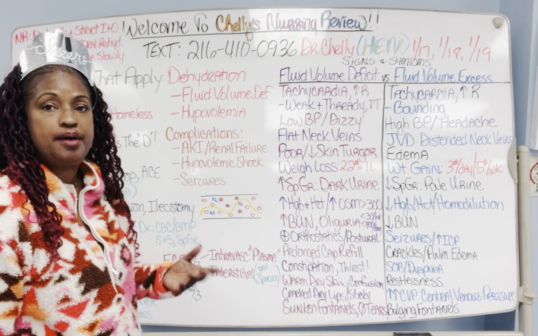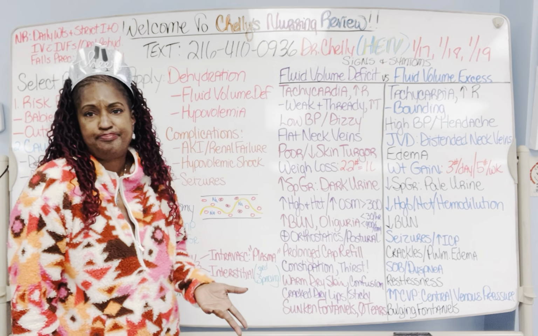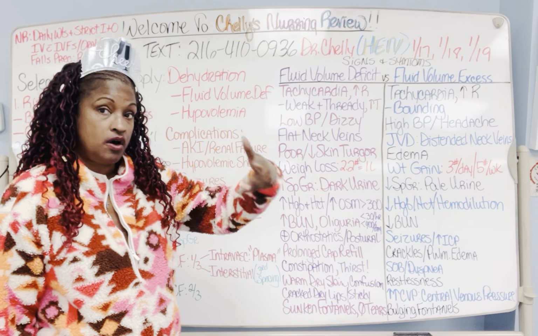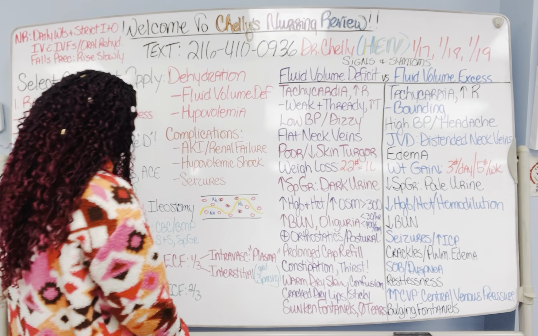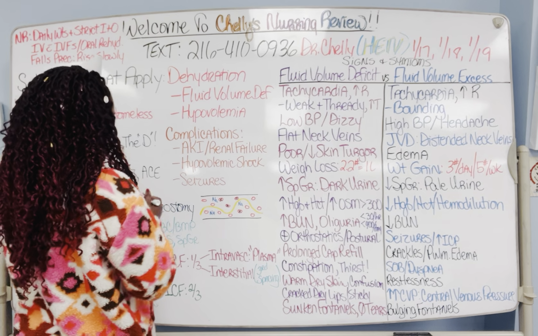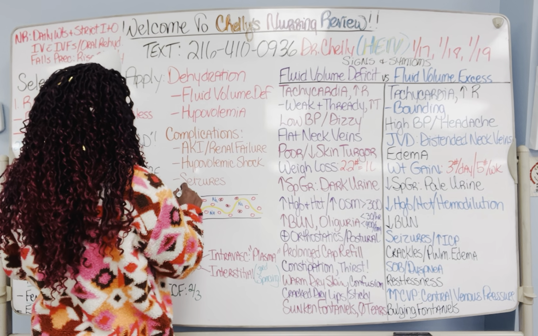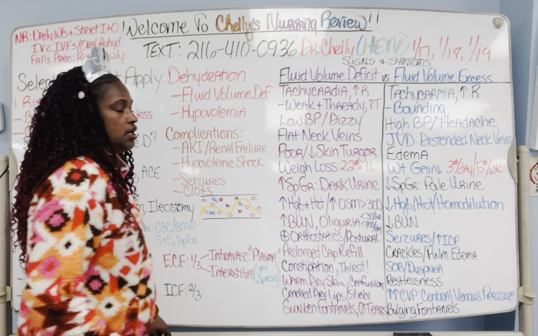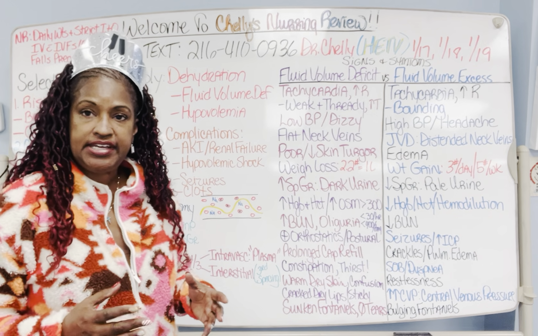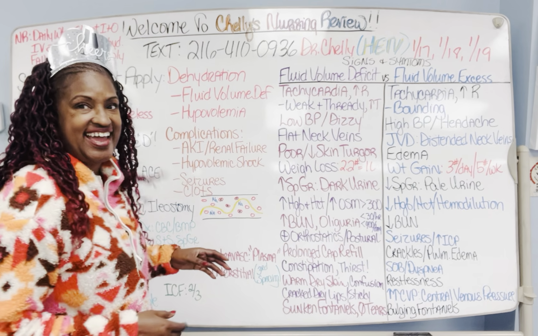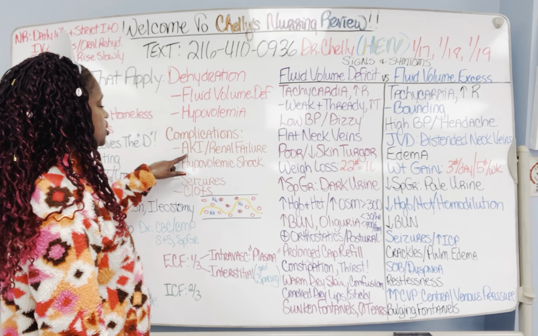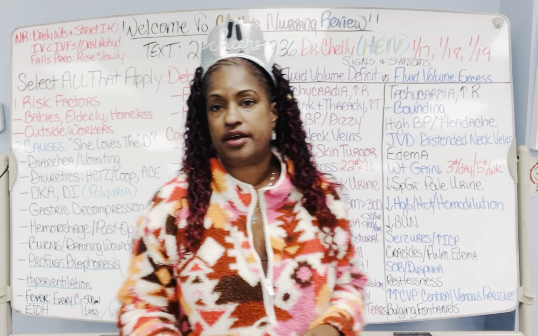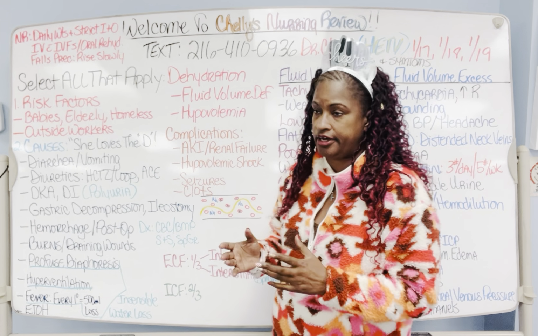Let's look at complications. What could happen because dehydration was allowed to go on and on and on? And I want to add another one because I just thought of it. Complications from dehydration, select all, include acute kidney injury, which is just another way of saying renal failure.